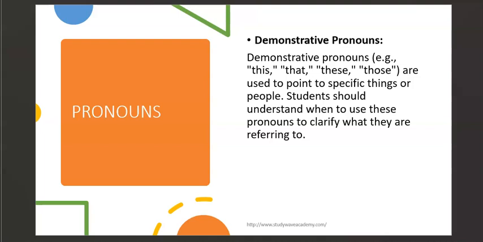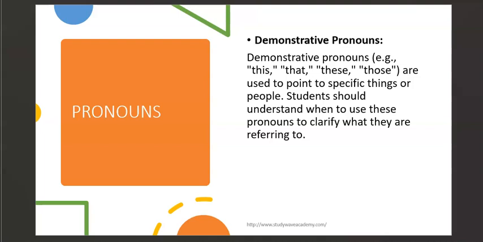So those are the demonstrative pronouns. They show how far an object is from the user, depending on the distance.